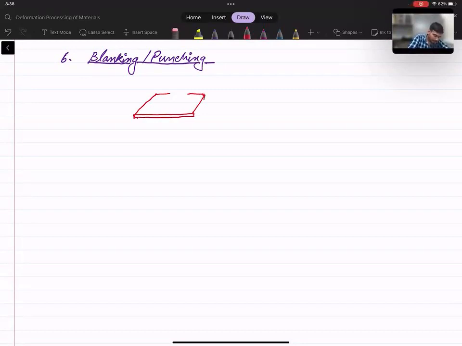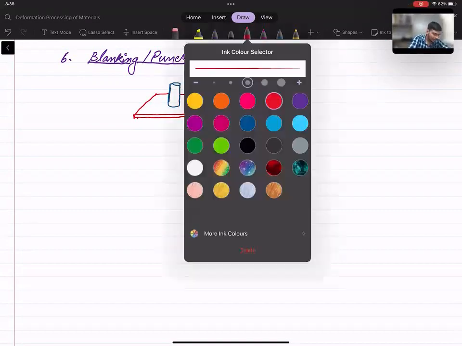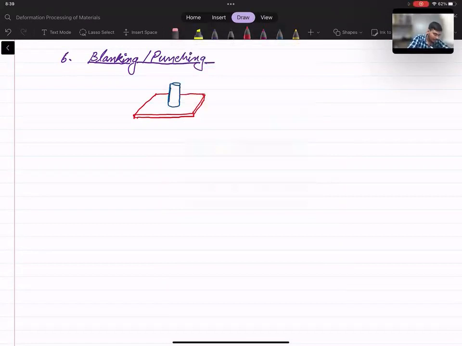Okay. So it will be pressed using a punch. Okay, so say this is the punch. And it will cut down the section from this blank.